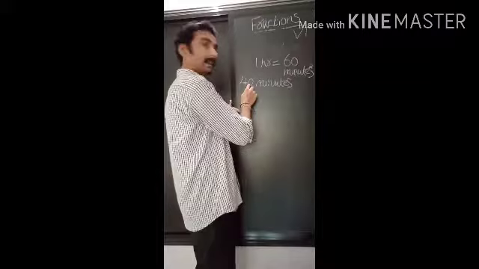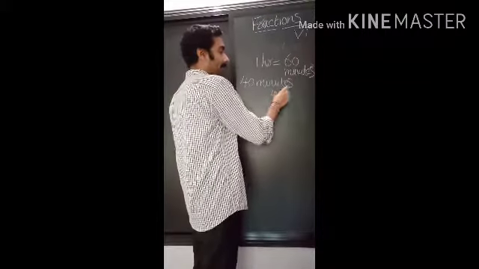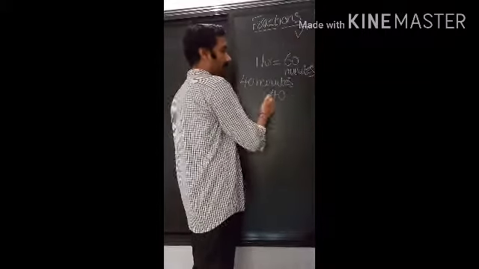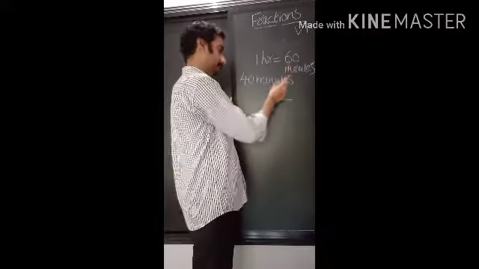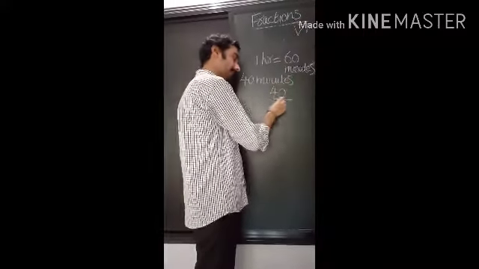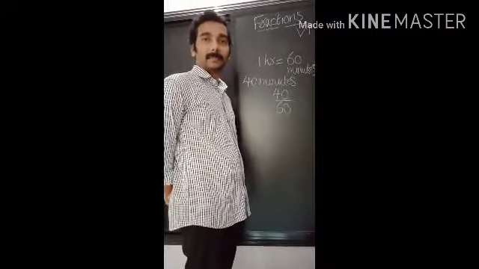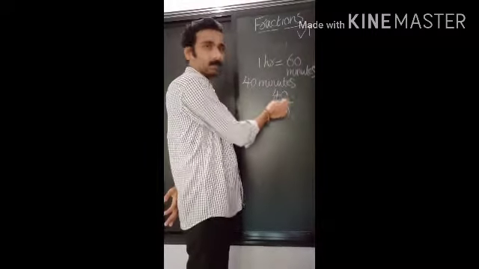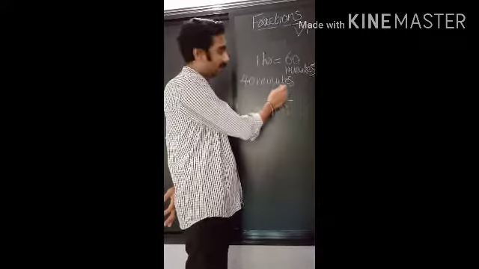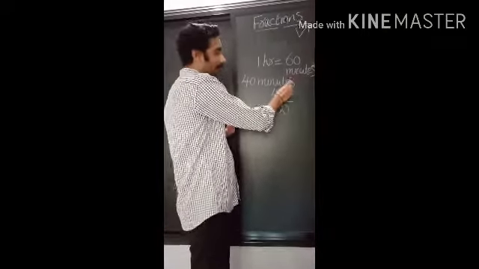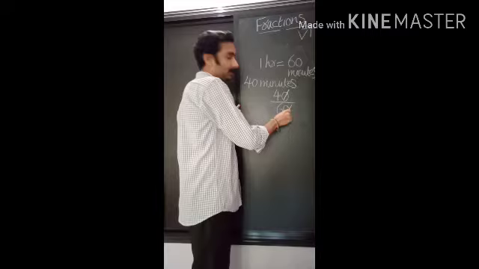That means 40 by 60. Okay. There are two zeros on the right side. We first cancel these two zeros.